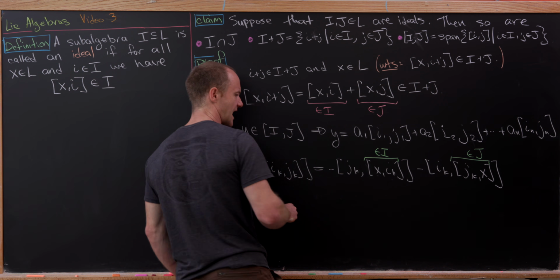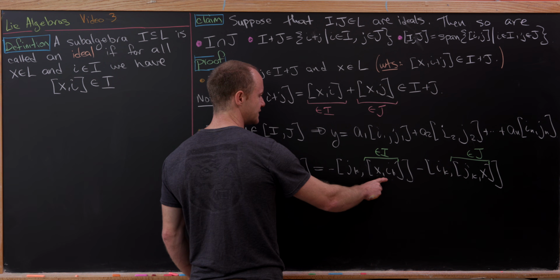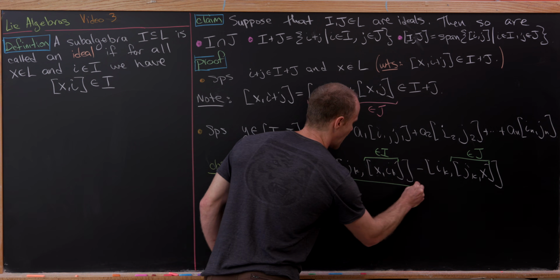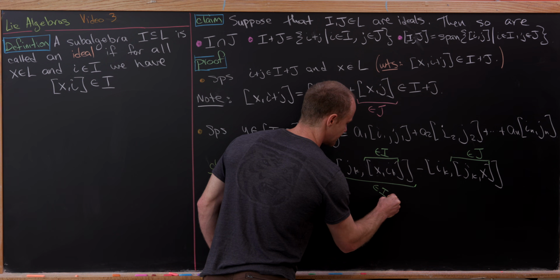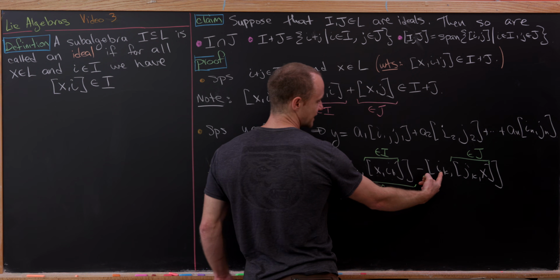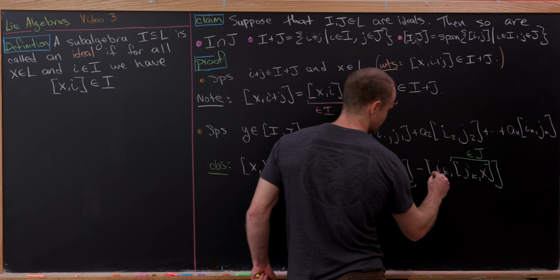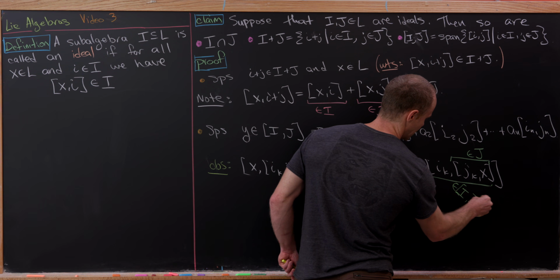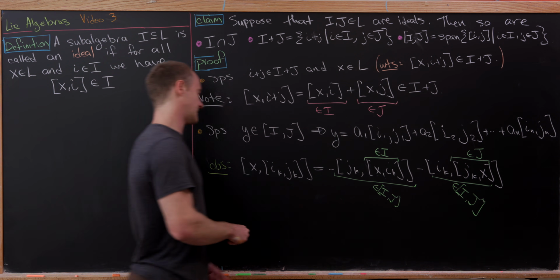But we could apply skew symmetry here to move this over, which makes this a term inside of bracket ij. Here we've got an entry from I and an entry from j, so this is naturally an element of bracket ij.